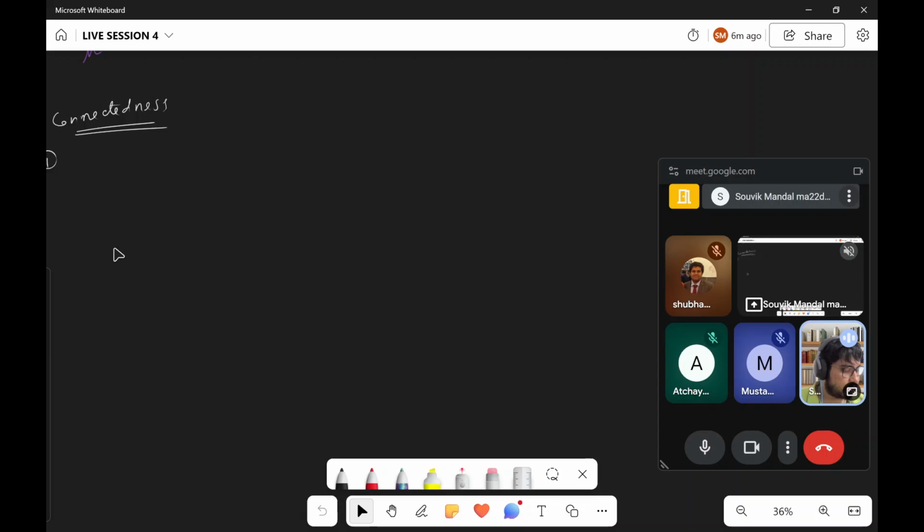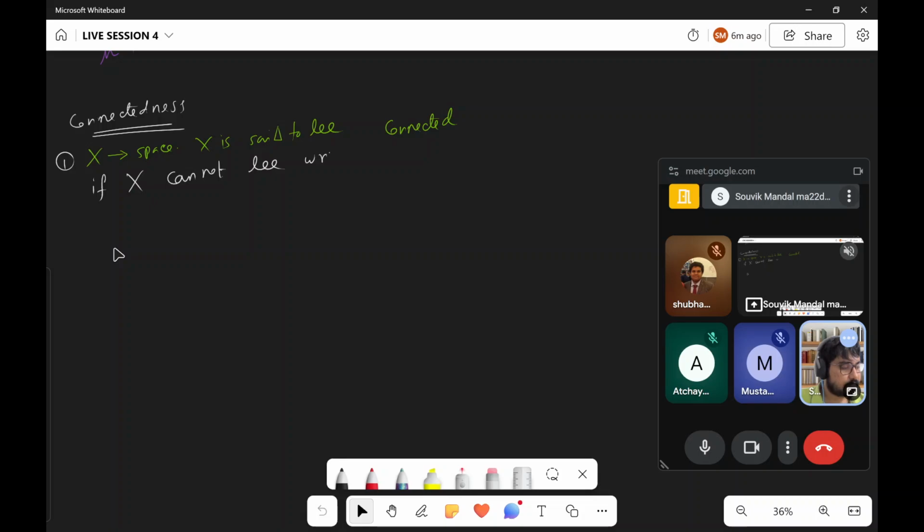So there are two definitions of connectedness. Suppose X is a space, then X is said to be connected if X cannot be written as a disjoint union of two open sets.